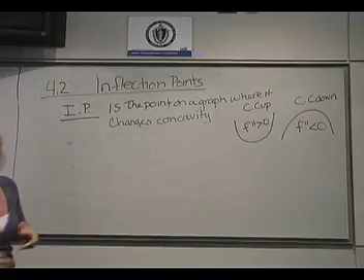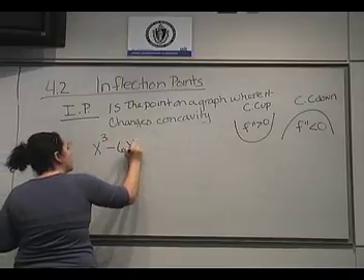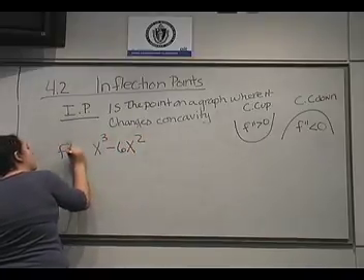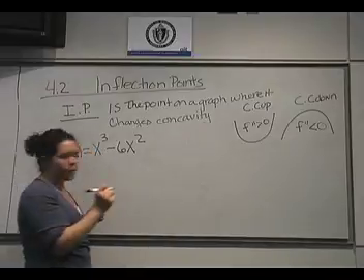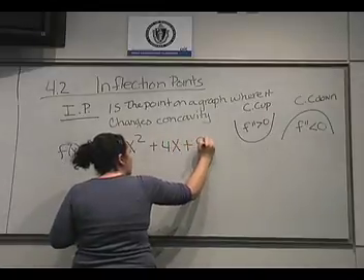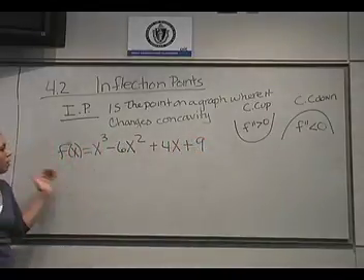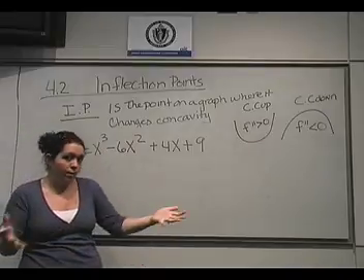So let's say we have the function x cubed minus 6x squared plus 4x plus 9. We want to find the inflection points of this function.